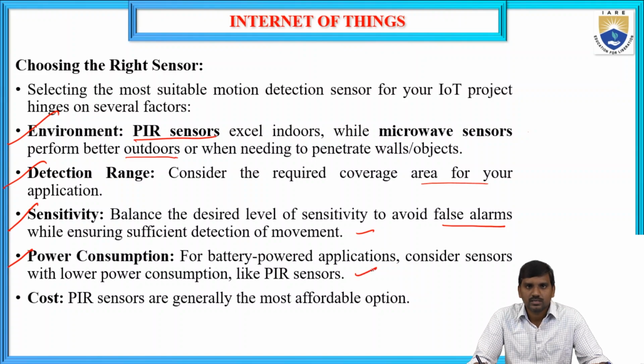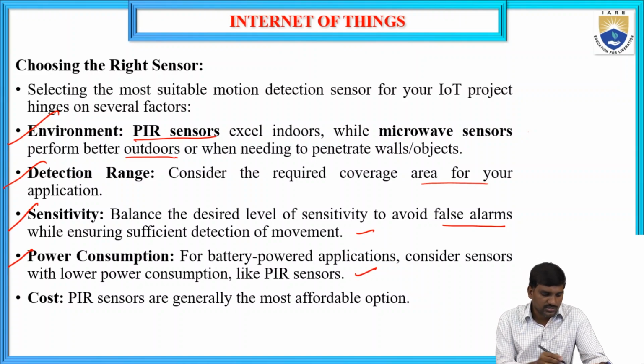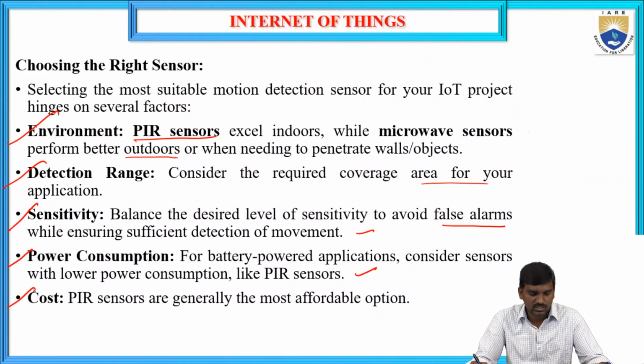The last one, cost. In terms of cost, PIR sensors are generally the most affordable option, nearly 100 to 200 rupees for one sensor.